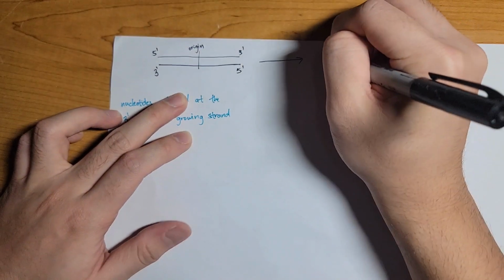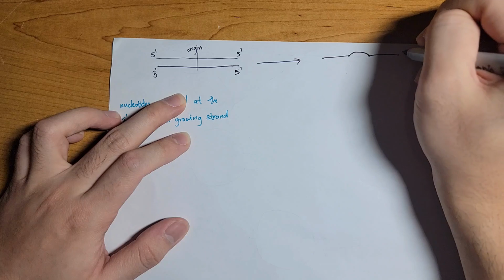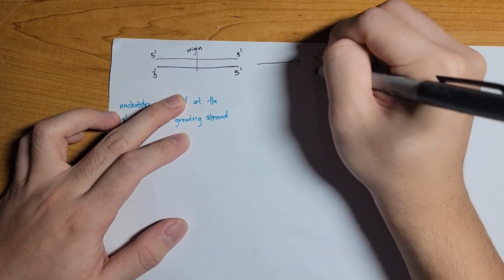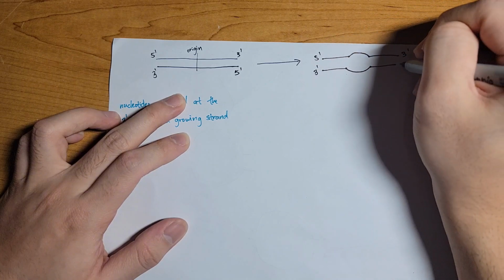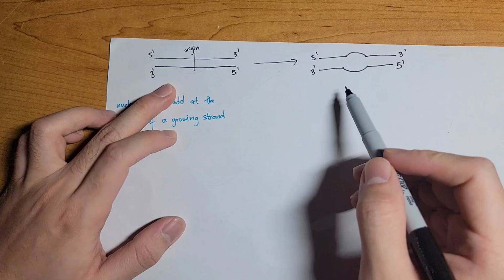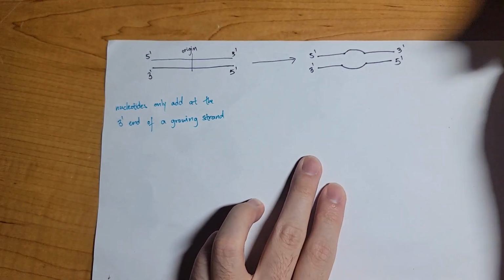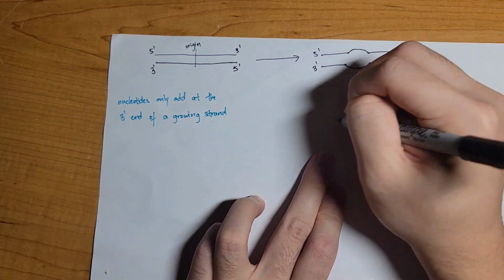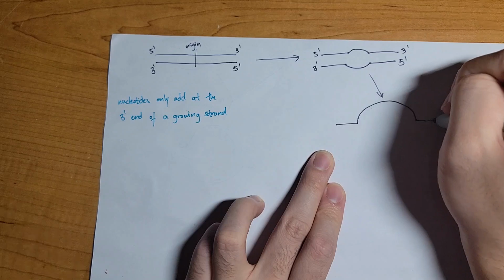It's going to be small at the very first few minutes. Let's say it only just started, and I'm going to zoom this in and make it bigger, just to show you how the daughter strand is going to look.